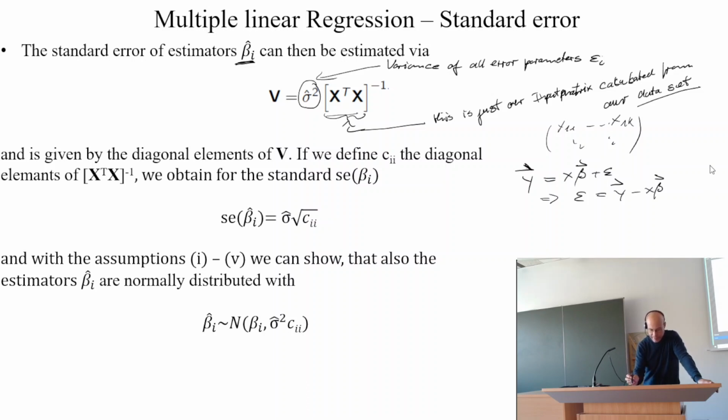And from this we can say that in the end we only need from this matrix the diagonal elements. So this would be x11, x22, down here.